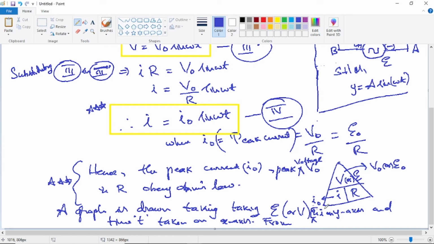I am putting it in brackets, which means either E can be taken or I can be taken. E is the same as V. I kept I in square brackets to show that it's a separate graph. That's the purpose. It's very simple, no complication in understanding this.